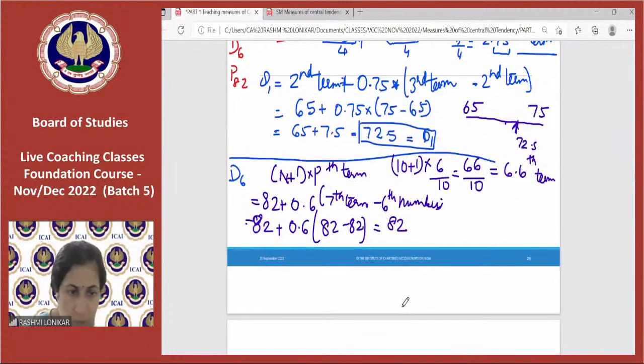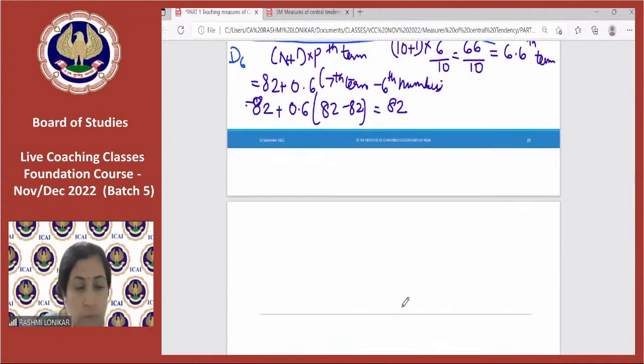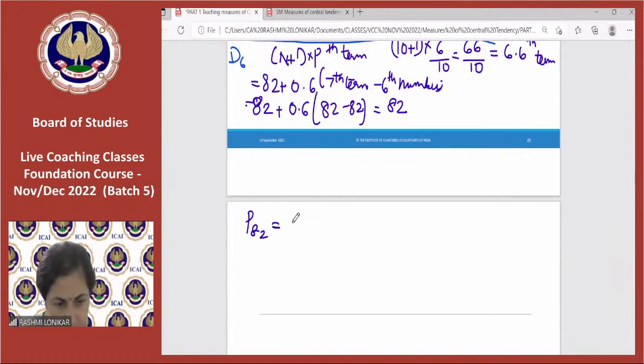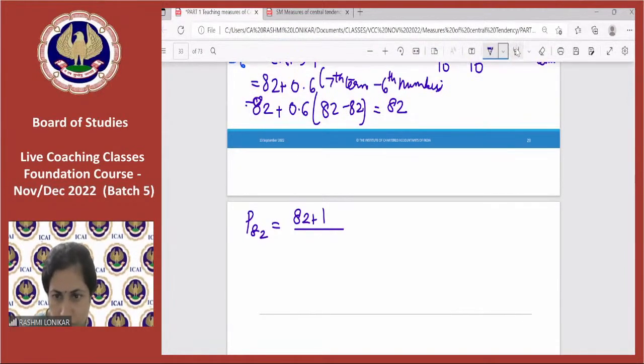And then we have to find P82. P82 is equal to 82 plus 1 upon, no, how much is this? N is 10.